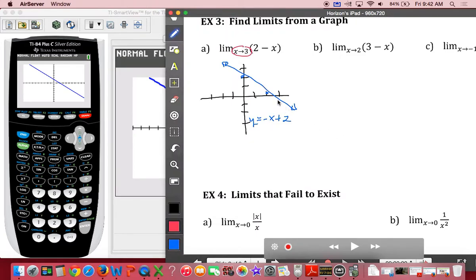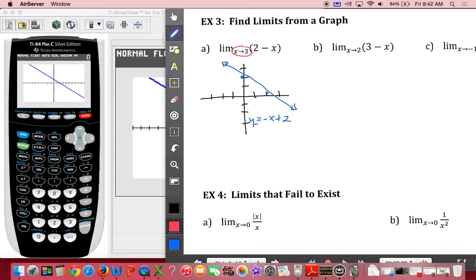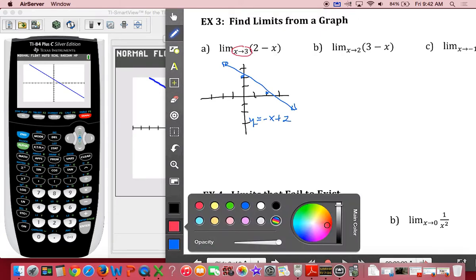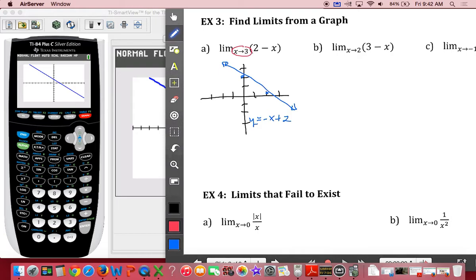And if I use direct substitution, what's 2 minus 3? Negative 1. So I like to always put a circle on my graph where I'm approaching. And so this is 3. And then this is the place on my graph where I'm approaching. And from the right and from the left, they both hit that same y value.